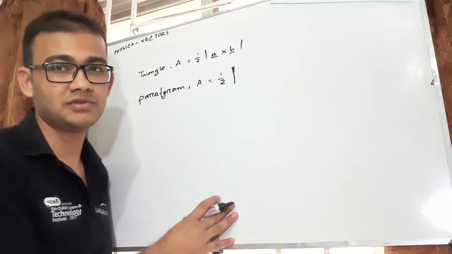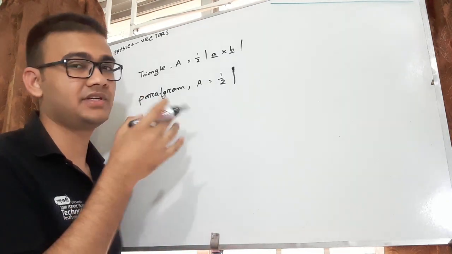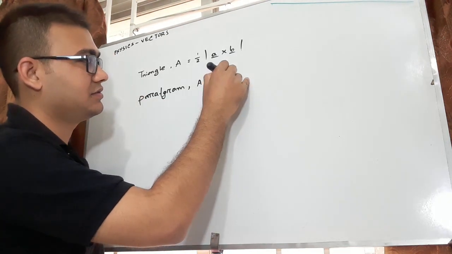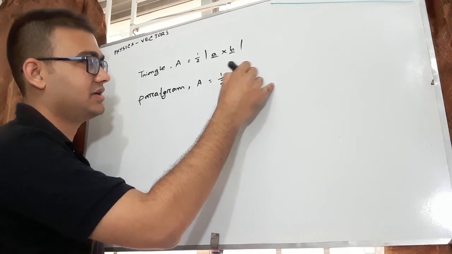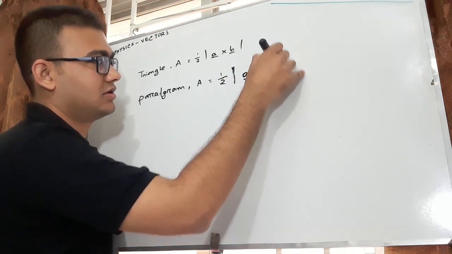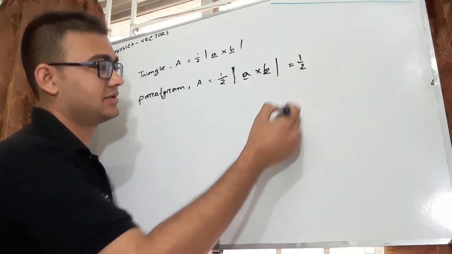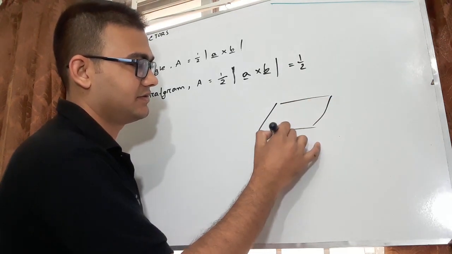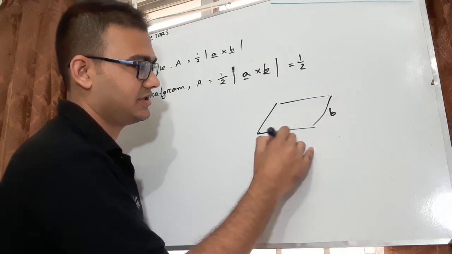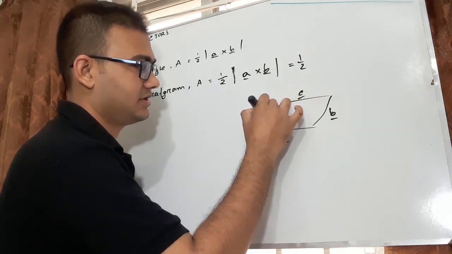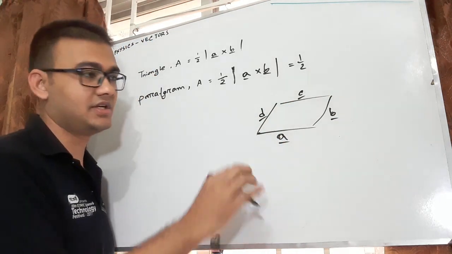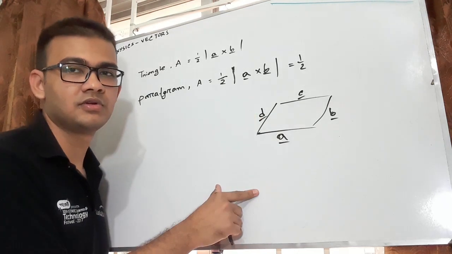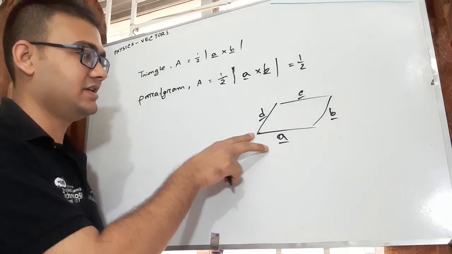The sides will be creating an angle, like you might take A and B, or well, let's see a parallelogram here. If it's A, it's B, it's C, and it's D. You can take any two vectors that are creating an angle.